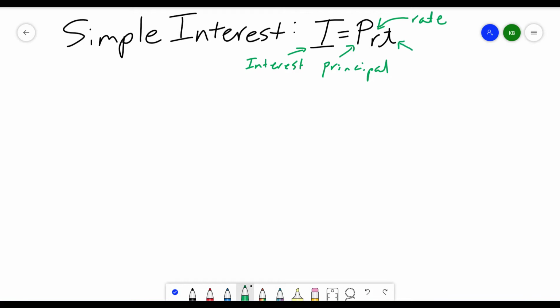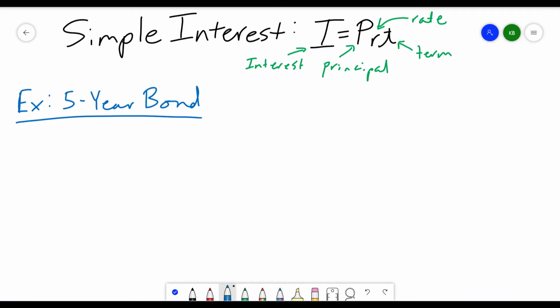And the T is going to stand for time or the term of the loan. All right. So as we go through this, we're going to be using that formula, and because it's an equation with 4 variables, any problem that we do with simple interest is going to have to fill in 3 of those 4 variables so that we can solve for the 4th one.